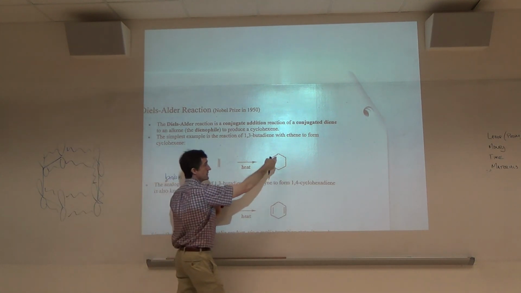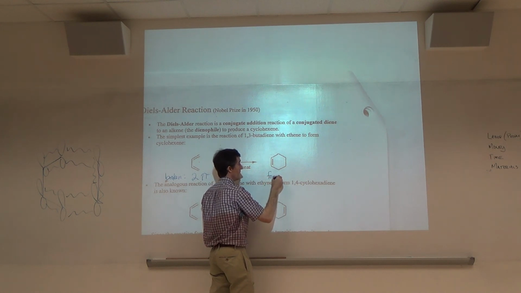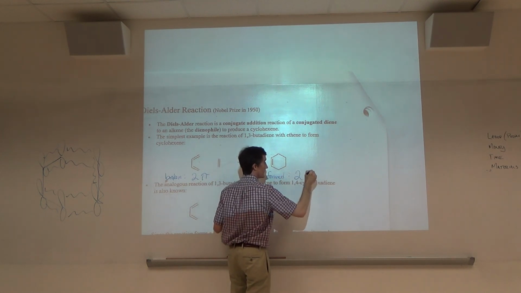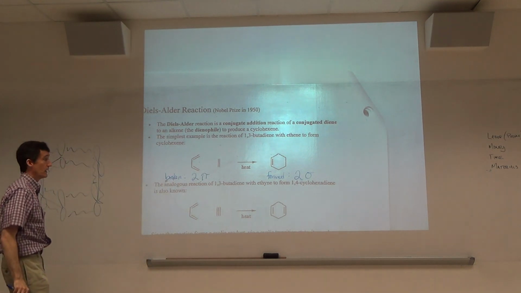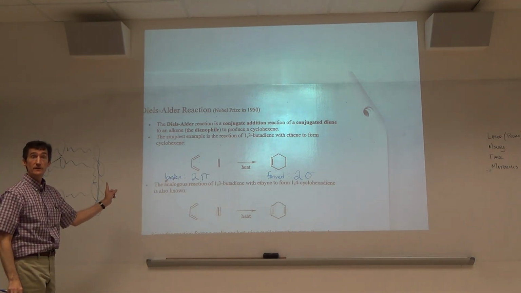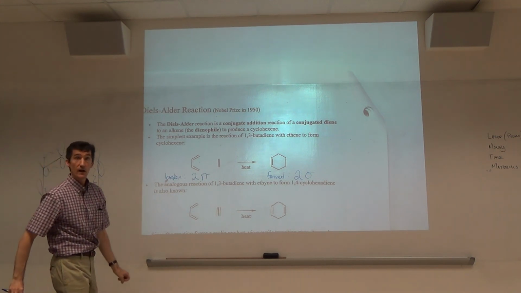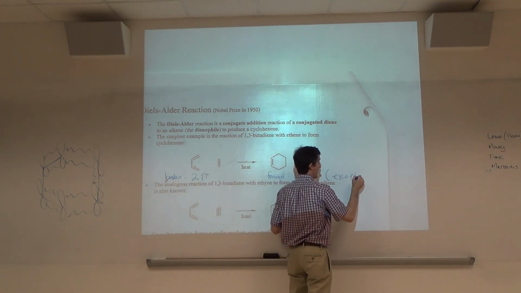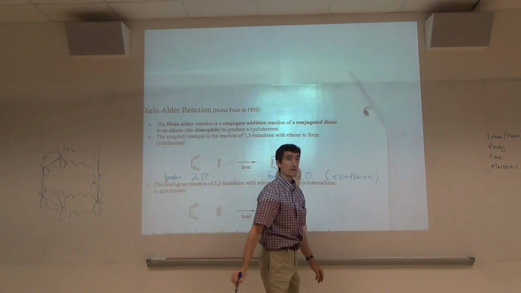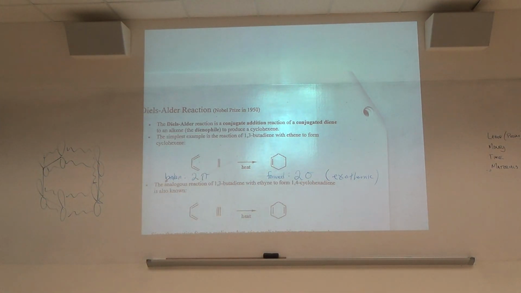What's formed over here? 2 sigma are formed. So which is better thermodynamically, 2 pi or 2 sigma? 2 sigma. This is going to be exothermic. If you do a calculation, you'll see, because you've got stronger bonds on that side. So it's driven thermodynamically.